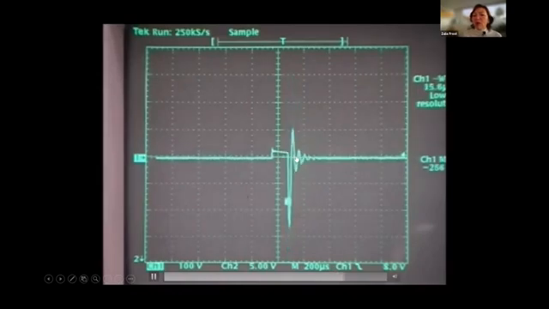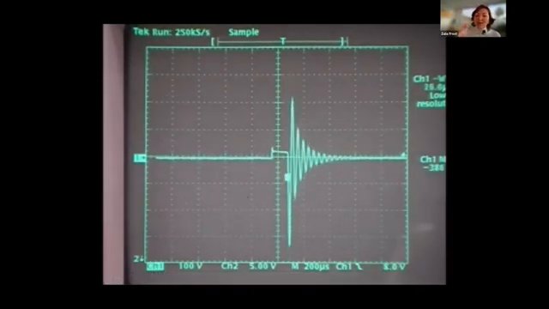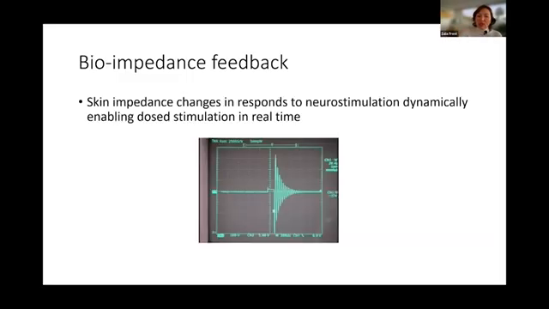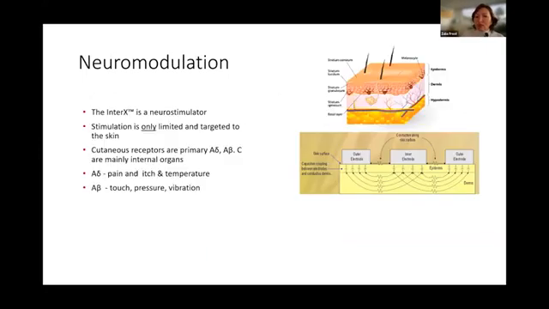And when you hit the right points, which become very conductive, like here, the input is diminishing. So it adjusts to the conductivity, so you don't destroy and damage the patient's nerve endings. Because of this, you have a variety of benefits.